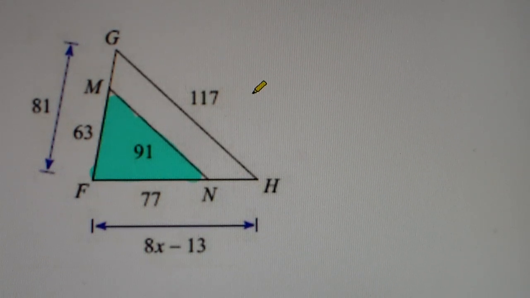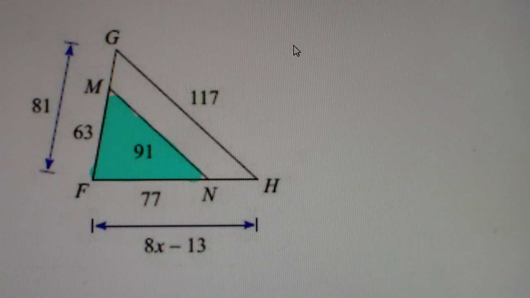Now, what we got to do, we have to solve for x, which is this variable down here. We need two sets of sides to set up a proportion. So we have this side here of FH as 8x minus 13. The side that goes with it in our proportion is FG. That's also blue here on this blue line, which is 81.